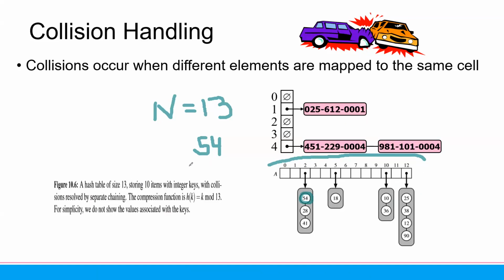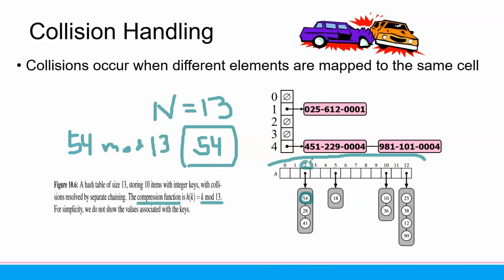Now, if I want to put 54, where should I put it? The easy compression function is k mod 13 because n equals 13. So 54 mod 13 equals 2. So we put 54 into index 2.